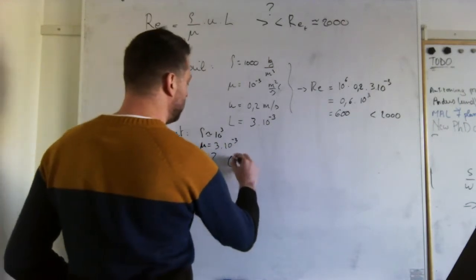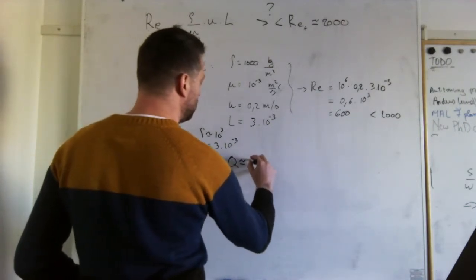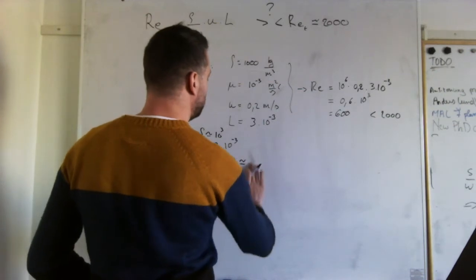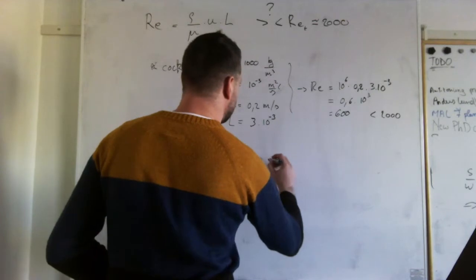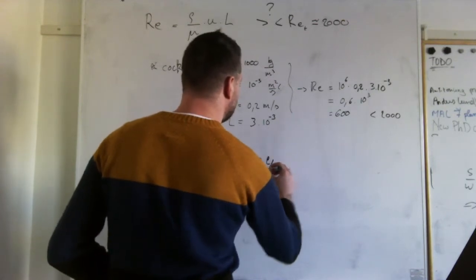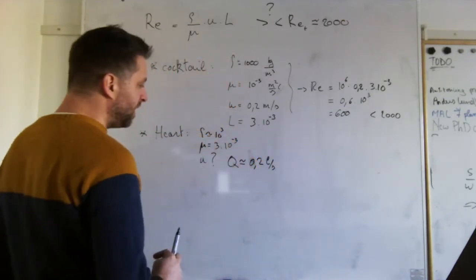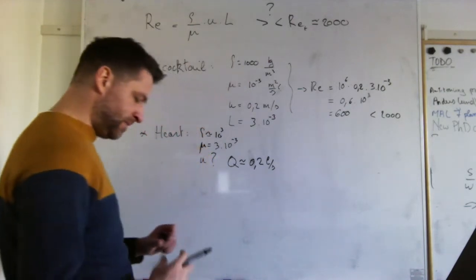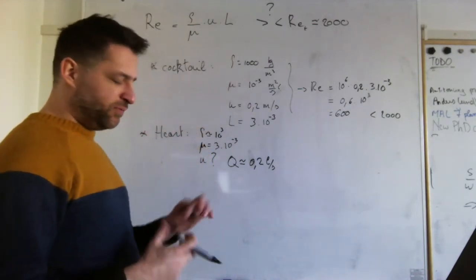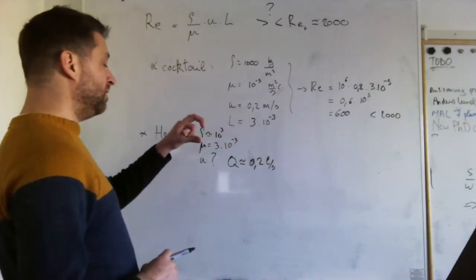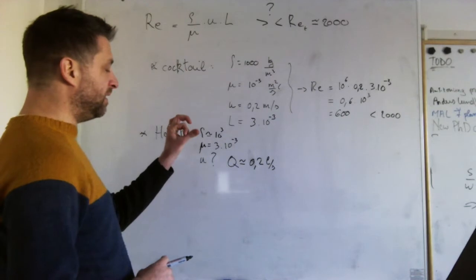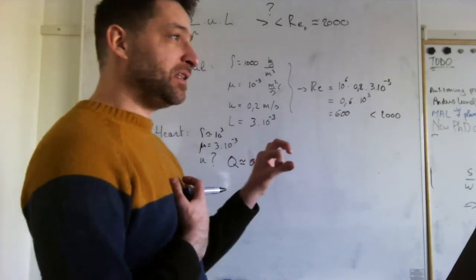So I know that my volumetric flow is about 2 deciliters, so it's 0.2 liter per second. And that flow goes to a vein with an area of maybe, say I have an aorta of 2 centimeter diameter.